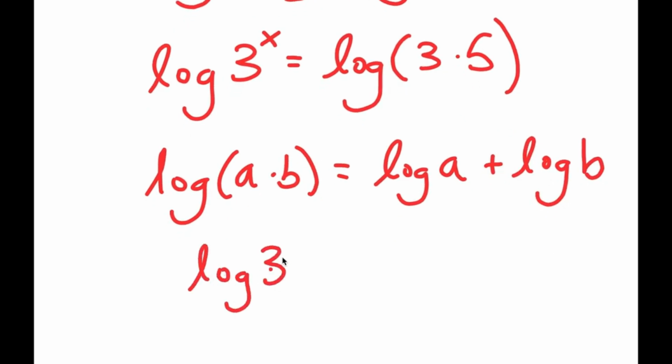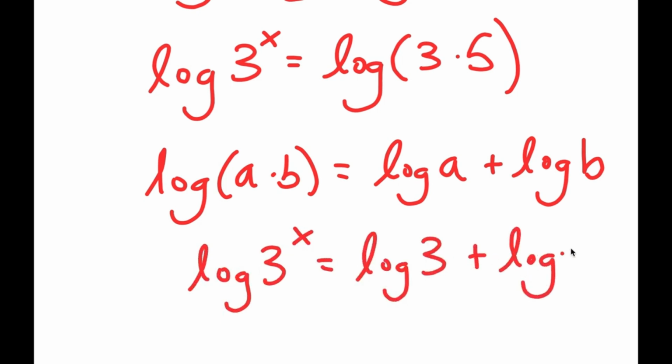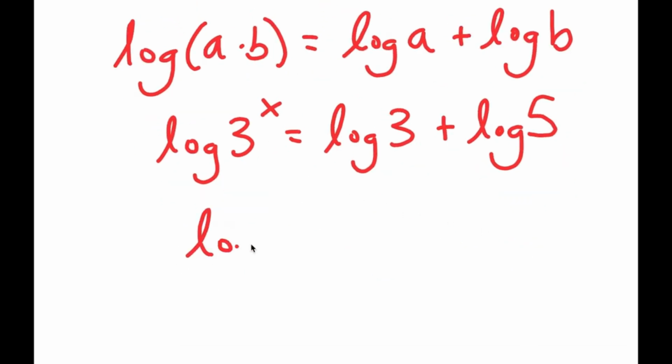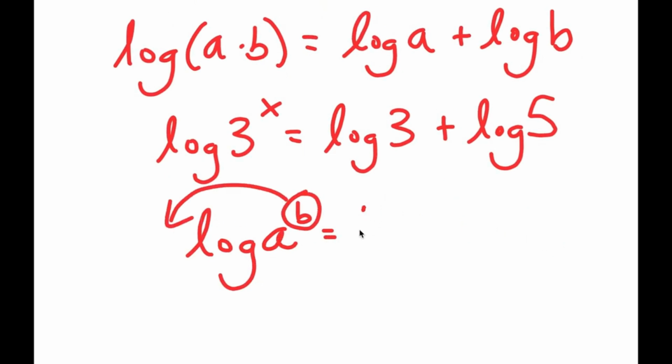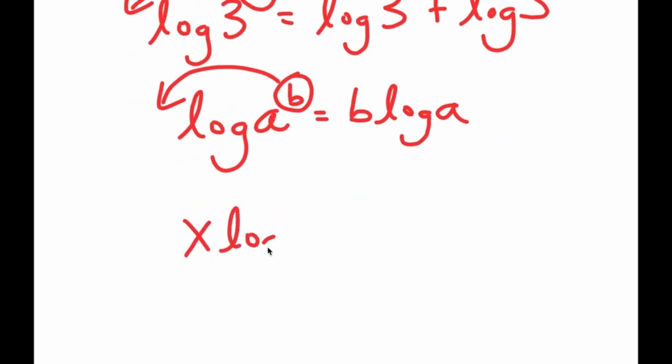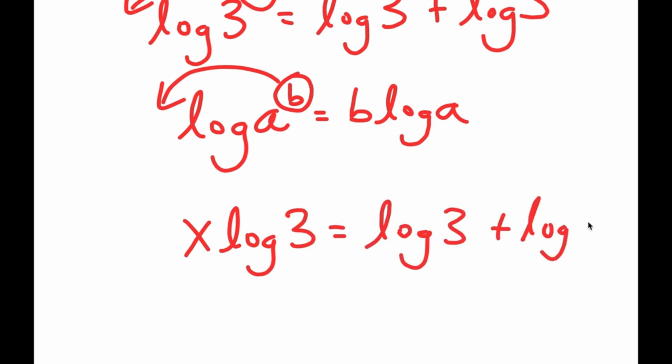So log of 3 to the power of x is equal to log of 3 plus log 5. And if I have something in the form log a to the power of b, I can move the b to the front, so I get b times log a. So log 3 to the power of x, I can move this to the front, and I get x times log 3 is equal to log 3 plus log 5.